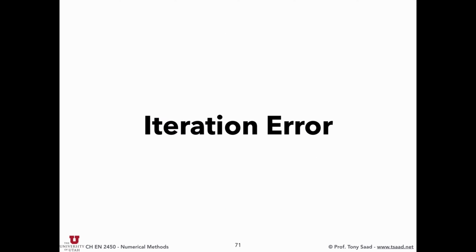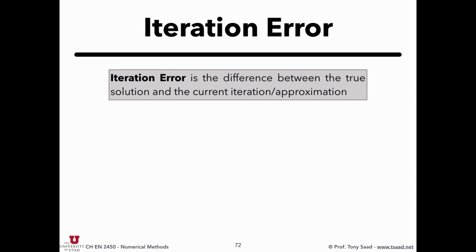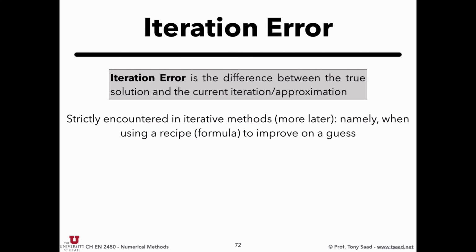The last error that we will talk about, and that can be a little bit vague to you, is called iteration error, and it's defined as the difference between the true solution and a current iteration and approximation. And this is strictly encountered in iterative methods, which we will discuss in the next lecture. But the idea is simple, and that is, in many numerical methods, we have one recipe, one equation or one formula that we will keep using over and over and over again to improve on a guess, to find the solution.